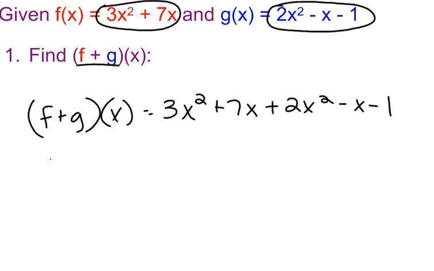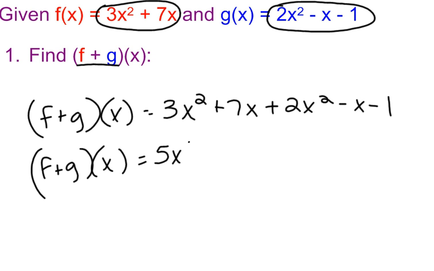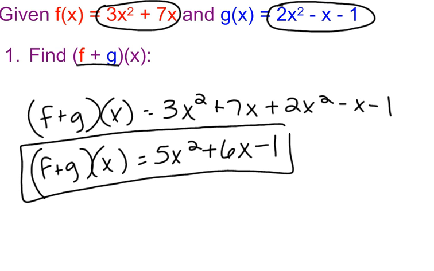All I have to do then, because there's no multiplying or anything else in this problem, is add like terms together. So 3x squared plus 2x squared would be 5x squared. 7x minus 1x would be 6x. And then I have only one constant, so minus 1. So when I put these together, that's it.